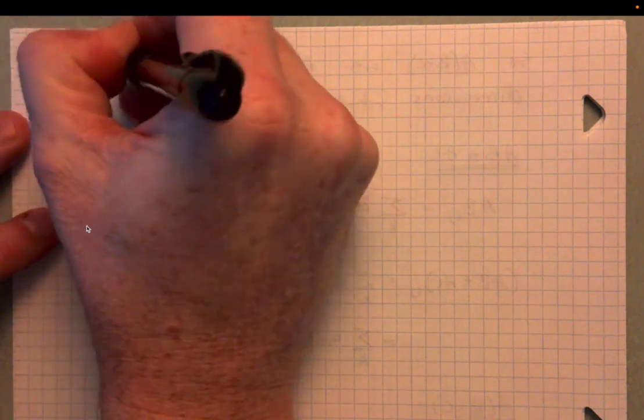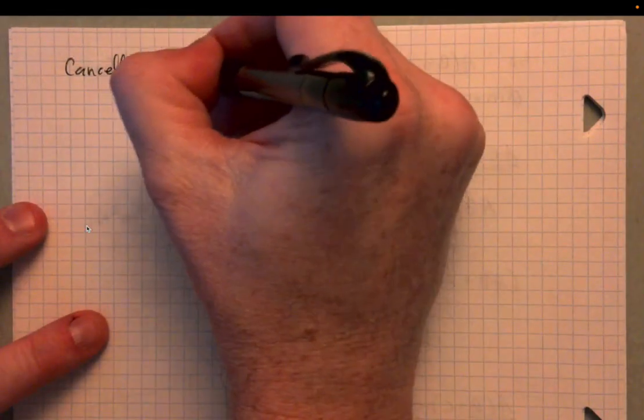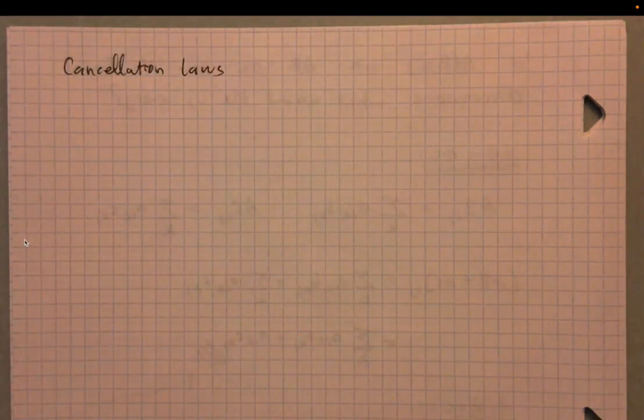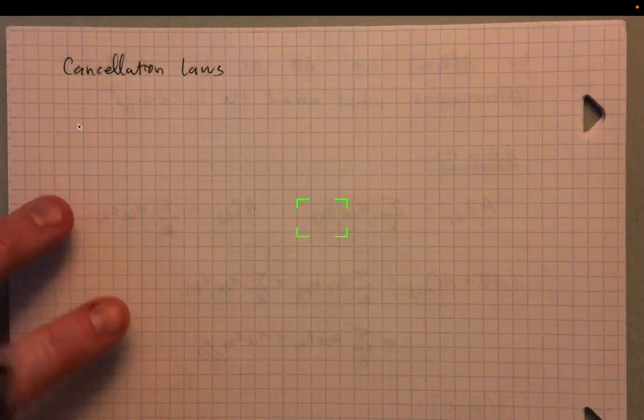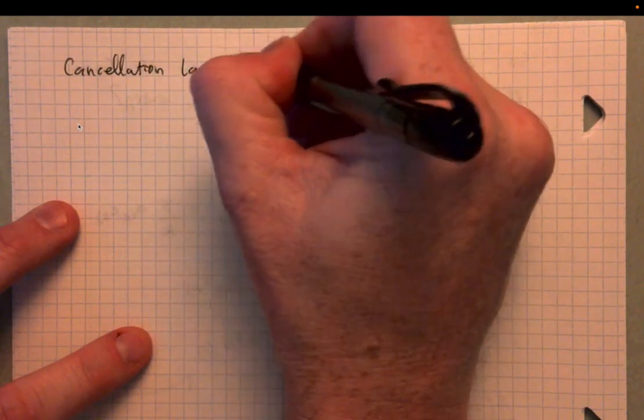Cancellation laws, it's a loosely termed phrase. Some people don't refer to them as laws, but the cancellation laws do not hold for matrix multiplication in general.